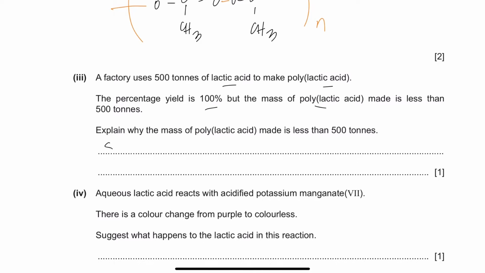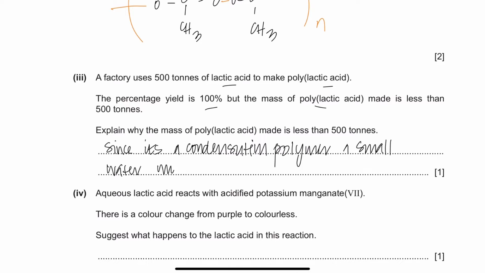Since it's a condensation polymer, a small water molecule is eliminated. And if that water molecule is eliminated, its mass is not going to be part of the polymer's mass. That's the reason why the masses of the polymer and the monomers are not the same.